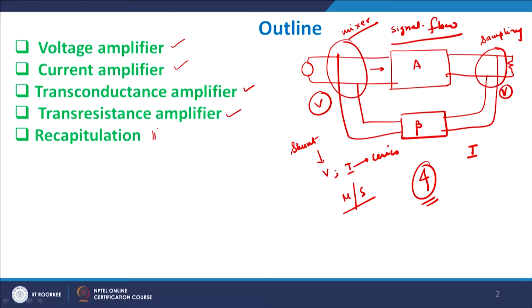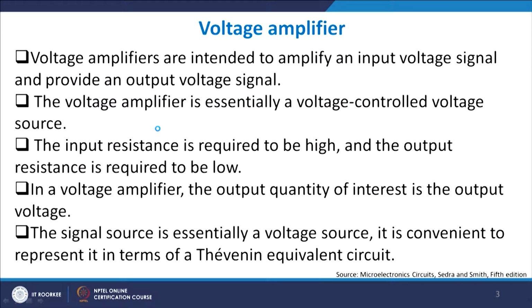Now, let us discuss the voltage amplifier first. A voltage amplifier's main job is to amplify a voltage, as the name suggests. You will amplify an input voltage which is very small, peak to peak, and will provide an output voltage signal.